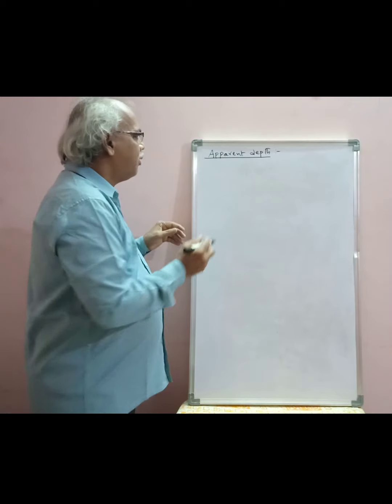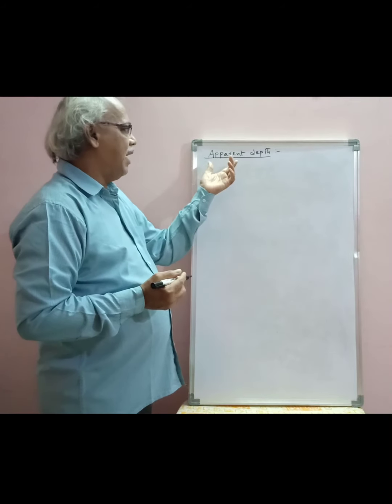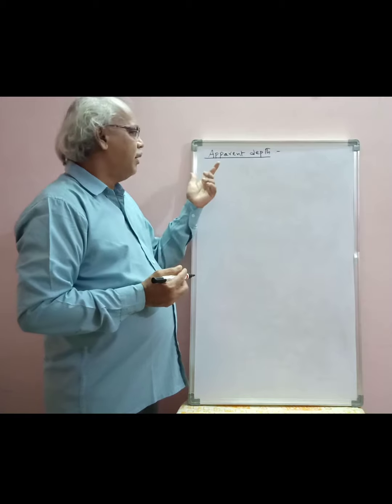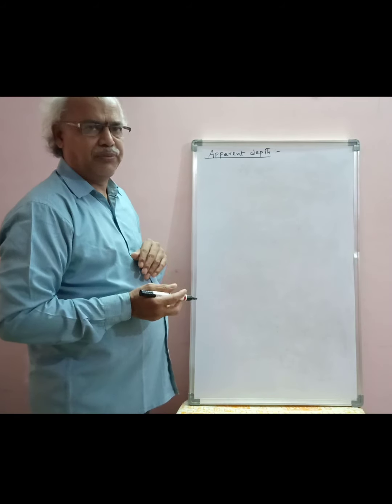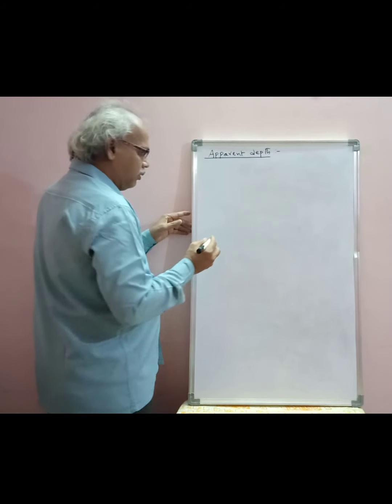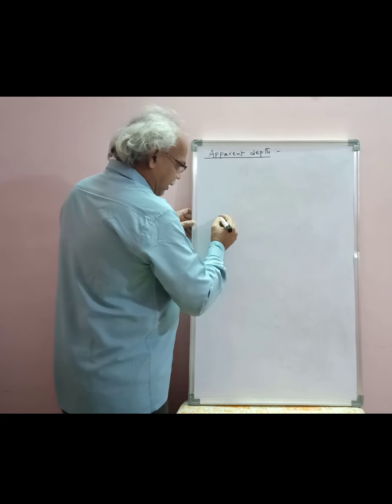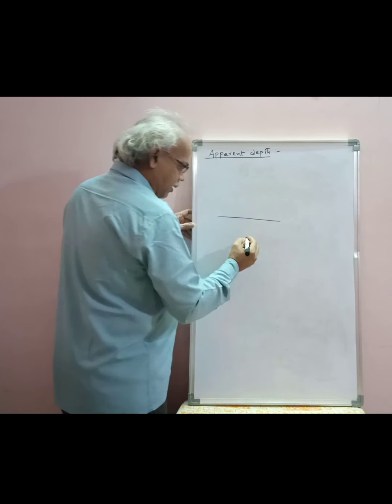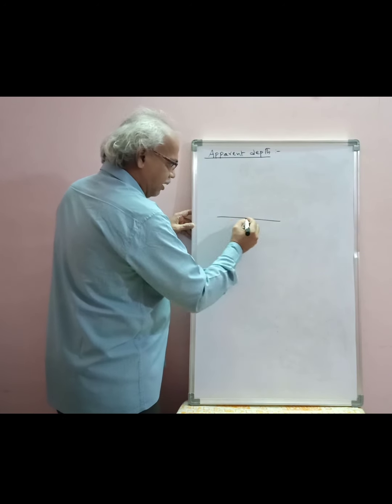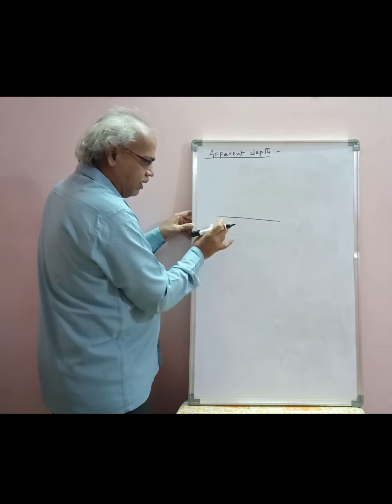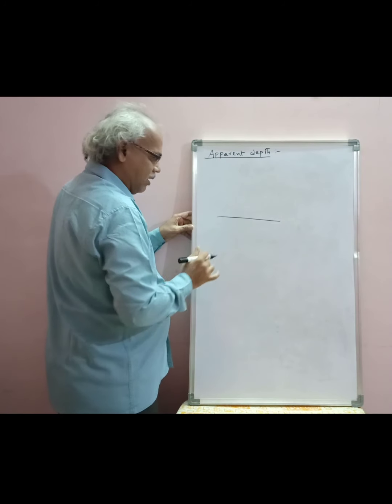So to find the value of the apparent depth and the apparent shift also, first we see here the interface of two media, one is air, the second is, say, water.